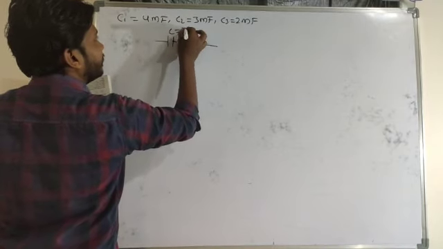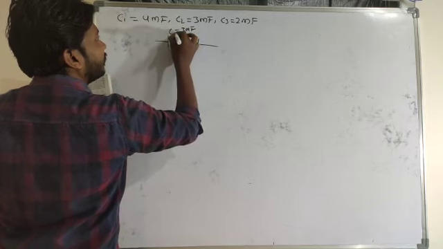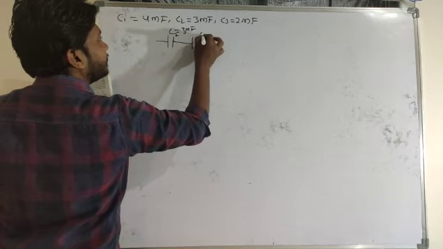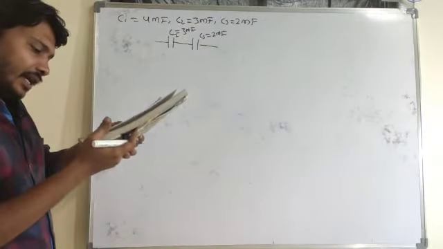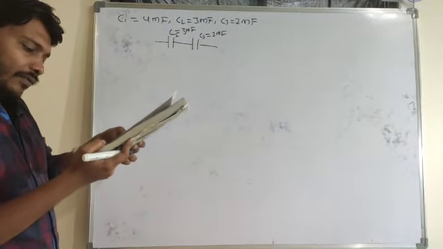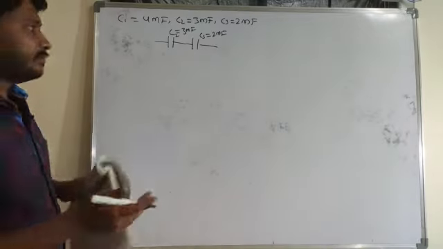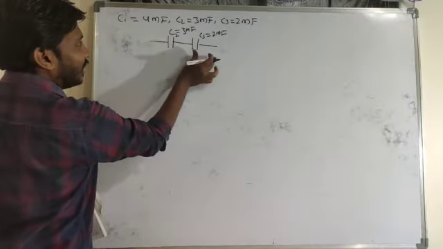For example, C2 and C3 are in series combination and 4 millifarad is parallel to these two.